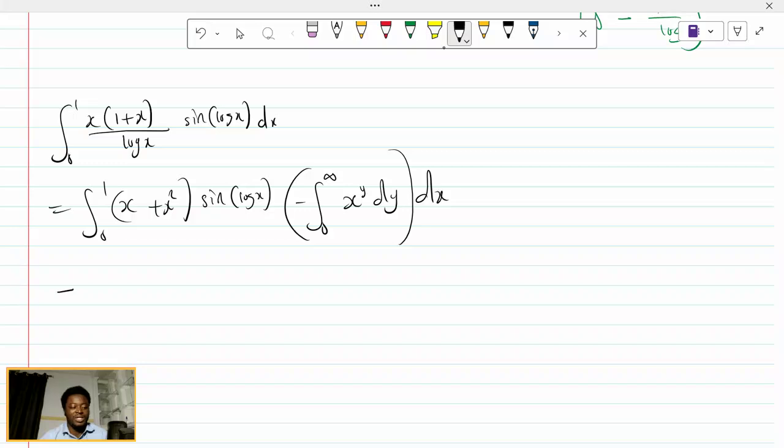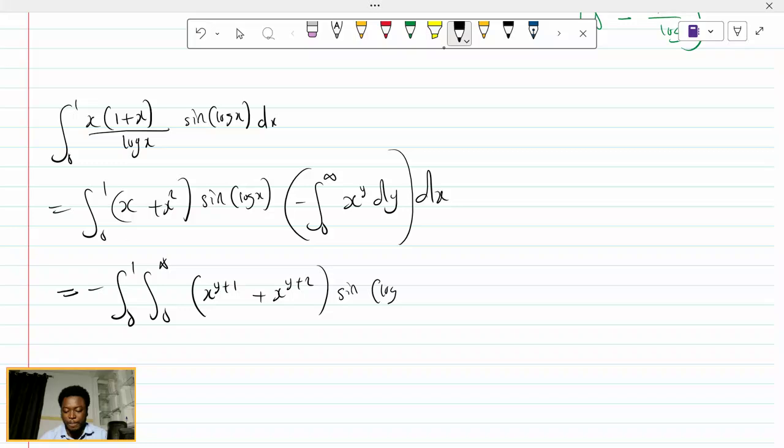Proceeding as before, you can bring out the negative, and then you have the integral from 0 to 1, then the integral from 0 to infinity, of x to the y plus 1, plus x to the y plus 2, times sine of log x, dy dx.